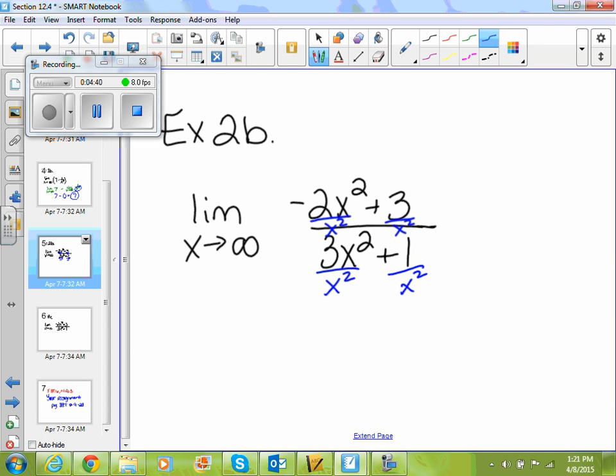Okay, and whatever you do to one thing, you have to do to the other. That then cancels our x squareds out of -2 and out of 3. So then I'm left with -2 plus 3 divided by x squared, and 3 plus 1 divided by x squared.